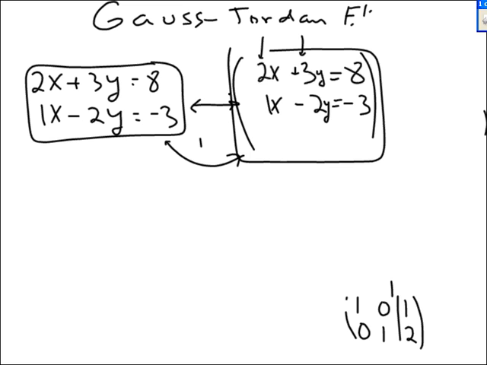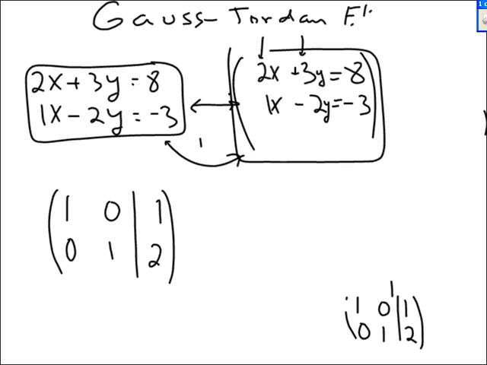This last matrix at the bottom right, let me blow it up. What does it mean? Well, let me write it down again. It's 1x plus 0y, 0x plus 1y equals 1 and 2.